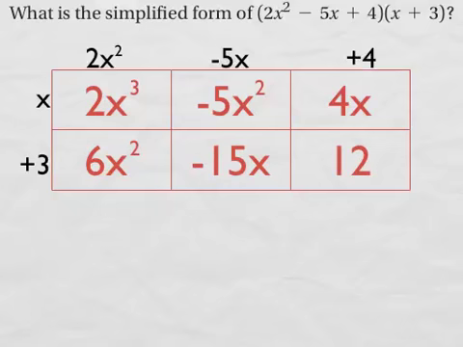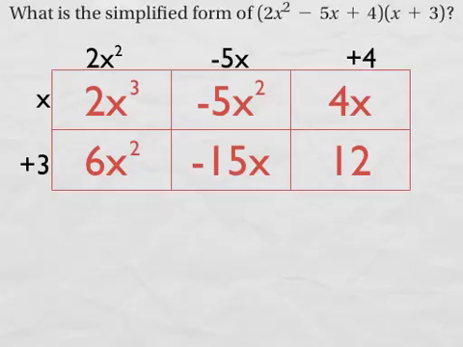I need to go ahead and combine my like terms. 2x cubed does not have another like term. There is no other term with x cubed in it. I have a 6x squared and a negative 5x squared. 6x squared minus 5x squared would leave you with 1x squared.